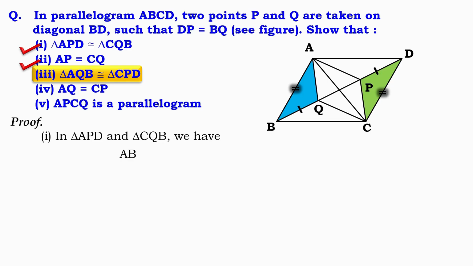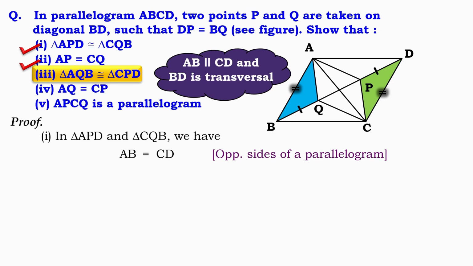So in triangle AQB and triangle CPD, we have AB equal to CD, that is opposite sides of a parallelogram are equal.